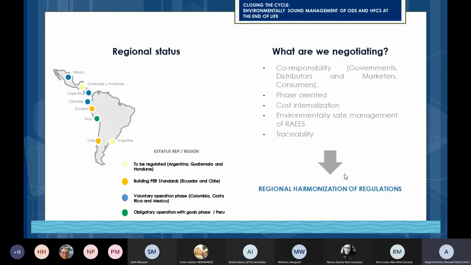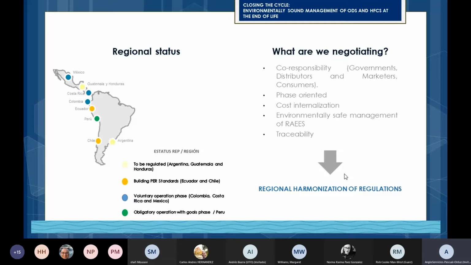Those are in yellow: Argentina and Guatemala. We can also see those countries where there's another stage, where they are building the regulation. That's orange: Ecuador and Chile. And a third block of countries where this principle of PER is already operative. That's the case of Colombia, as Nidia has expressed. And then finally, countries such as Peru, in green, where this is in the operation stage. It's a mandatory view, and there are policies and instruments.